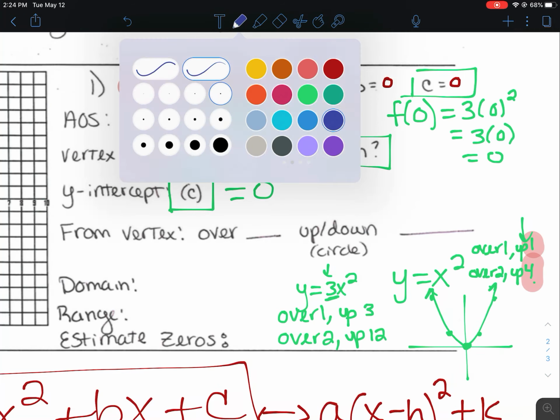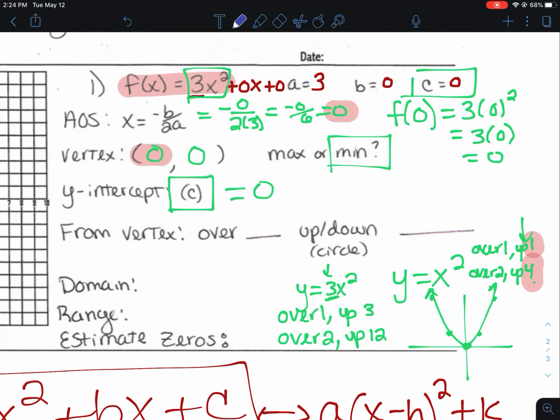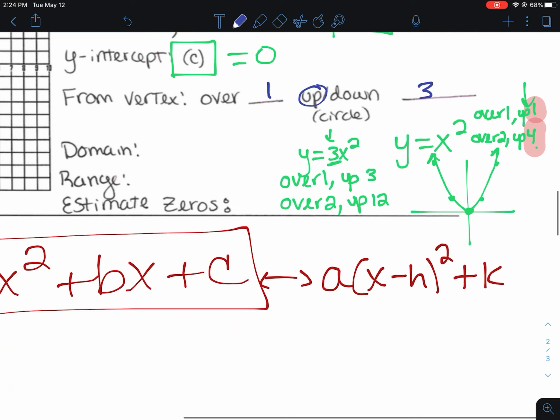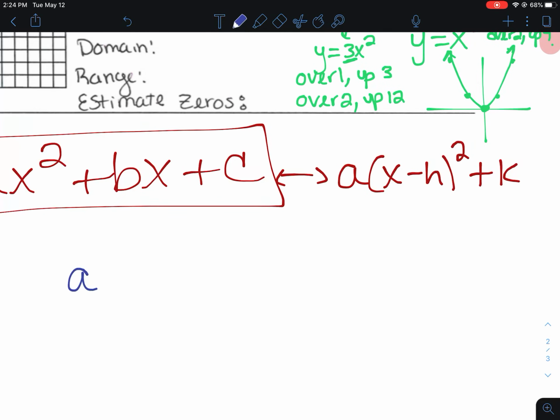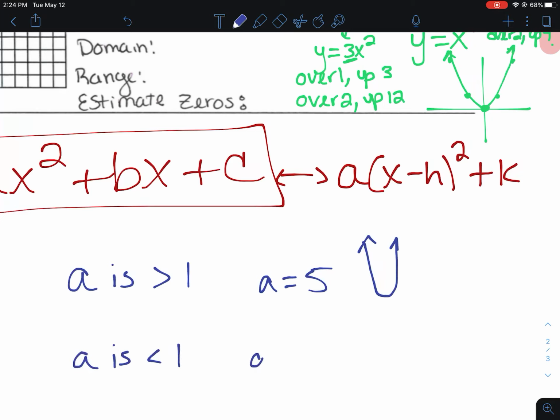We know it's going up because it has a positive a value. So over 1, up 3 gives me my next 2 points. If it's too tricky for you to graph like that, just remember the larger a is, if a is greater than 1, so let's say a is equal to 5, then you're going to get a really narrow graph.